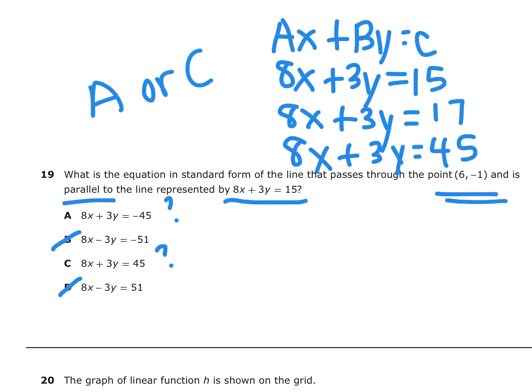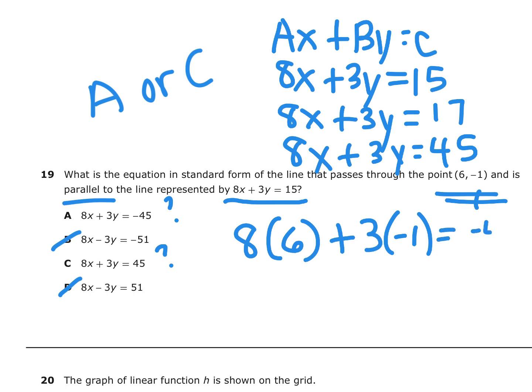So if we take answer A, 8 times the value of x, which was 6, plus 3 times the value of y, which is -1, and see if that gives you -45. 48 minus 3 is 45, not -45, so it can't be A, but it is C, because 8 times 6 is 48, and then 48 minus 3 equals 45, and that was the correct answer. So for number 19, the answer should be C.